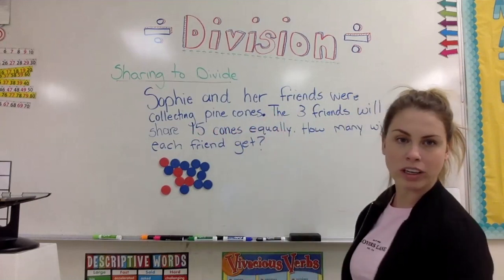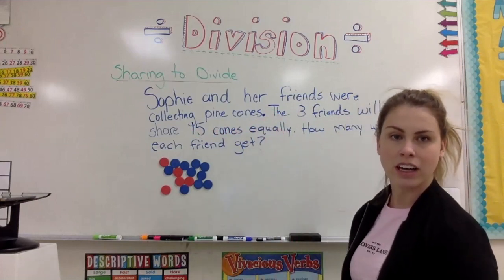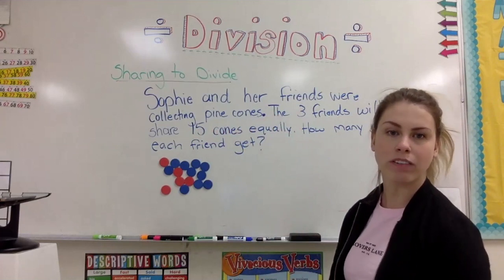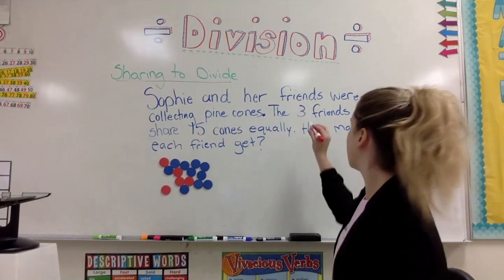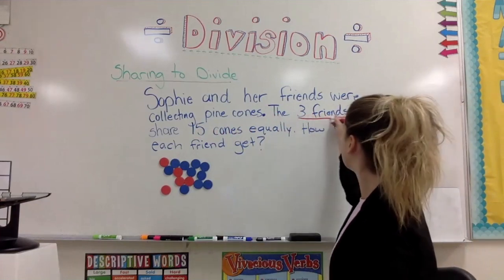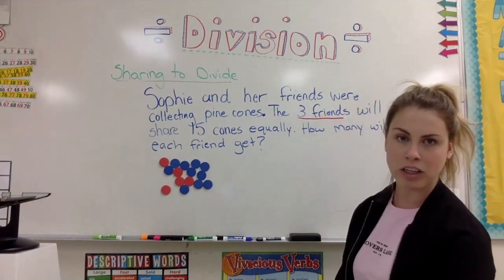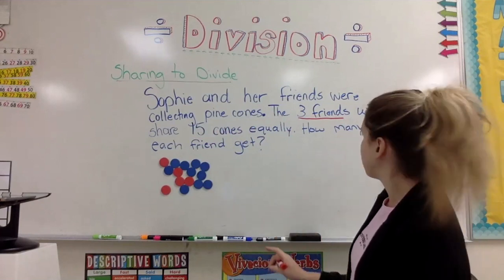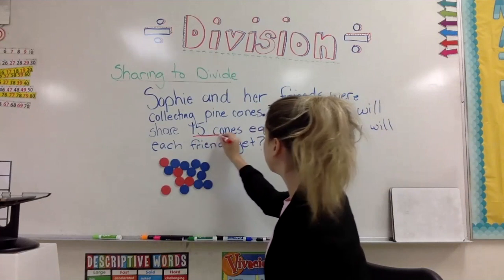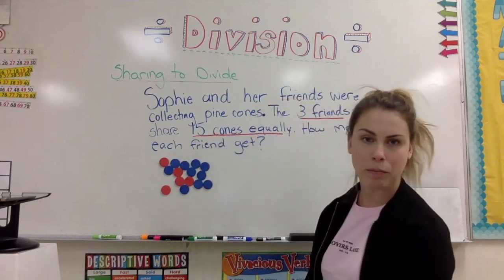What is important information in that sentence? The three friends will share 15 pine cones equally. If you said that there are three friends, you're right, that's important information. There are three friends that are sharing these cones. The next important information is that there are 15 cones all together.